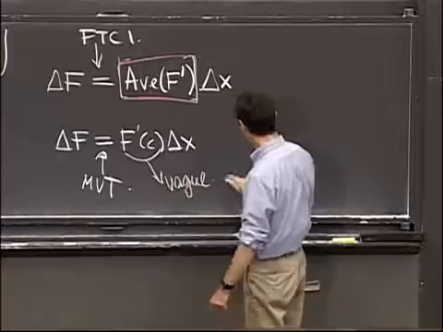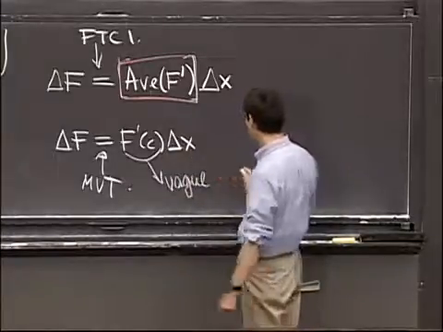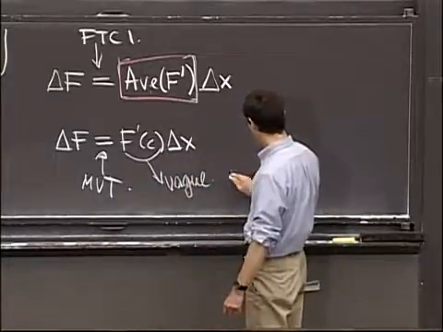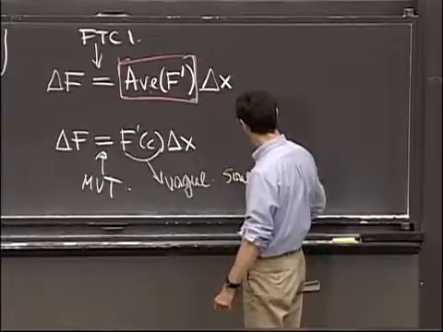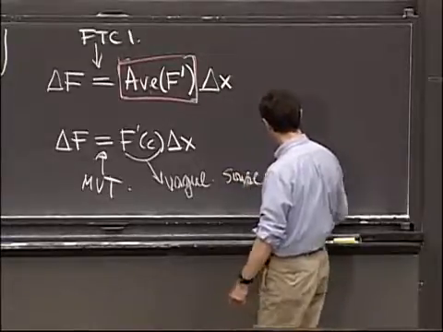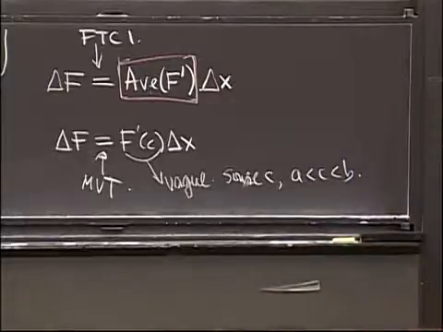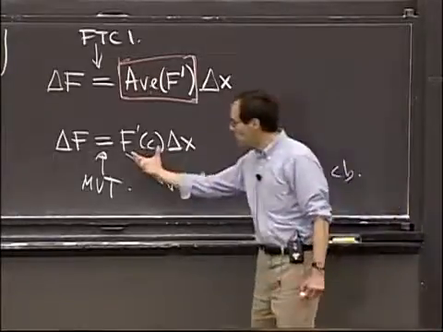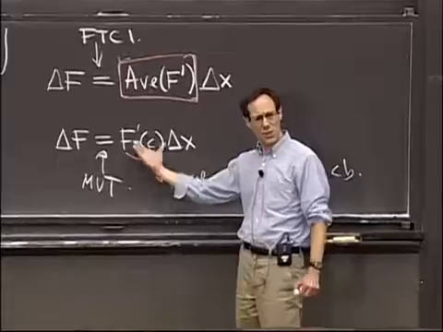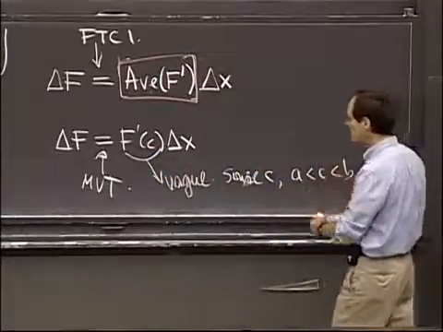And the reason why it's vague is that c is just somewhere in the interval. So some c, sorry, this is some c in between a and b. So really, since we don't know where this thing is, we don't know which of the values it is, we can't say what it is.